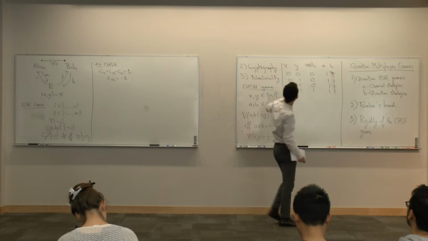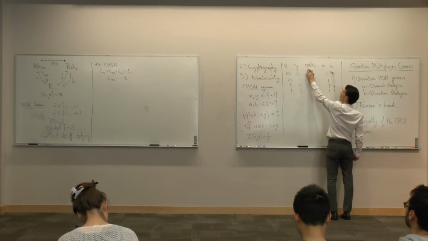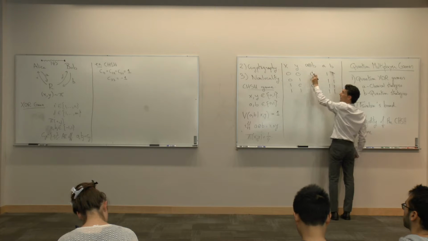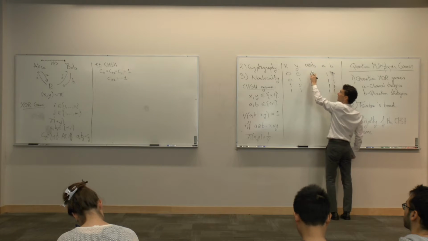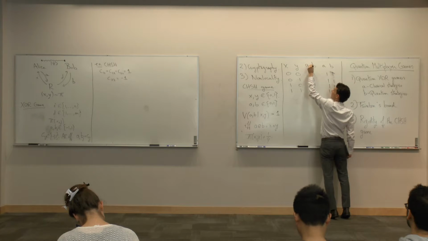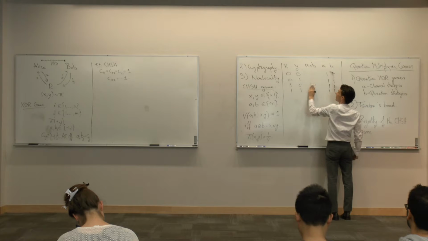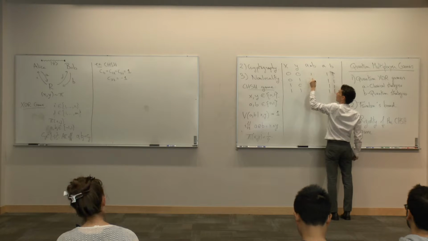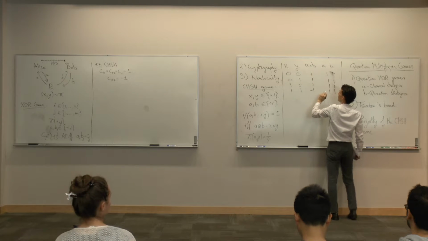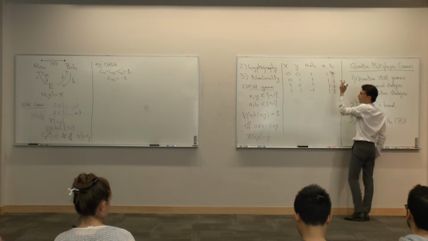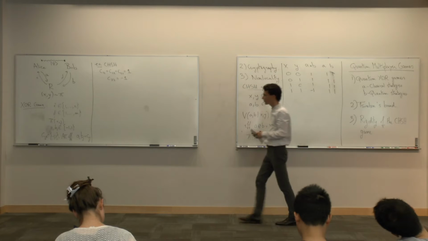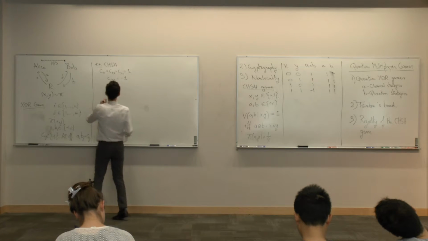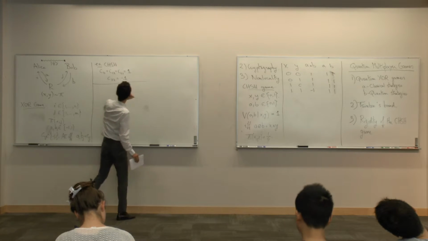Instead of looking at the parity of A and B, I look at A and B not as bits, but as values in minus 1, 1, and I take their product. So I would ask the product of A times B to be 1, 1, 1, minus 1. So it's just a change of notation, but it's easier to write things.